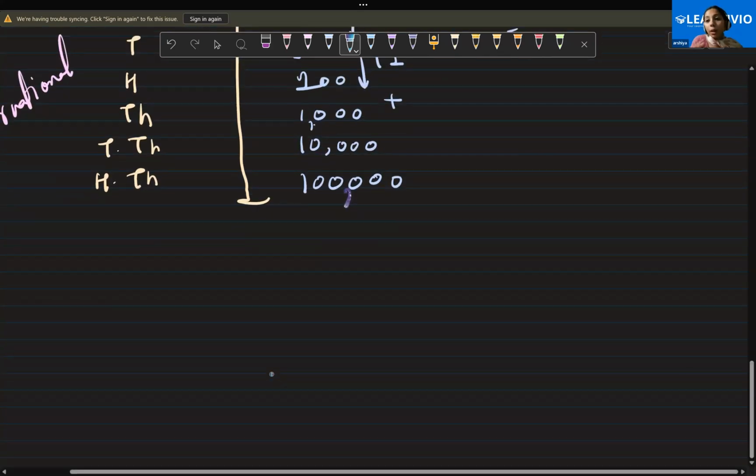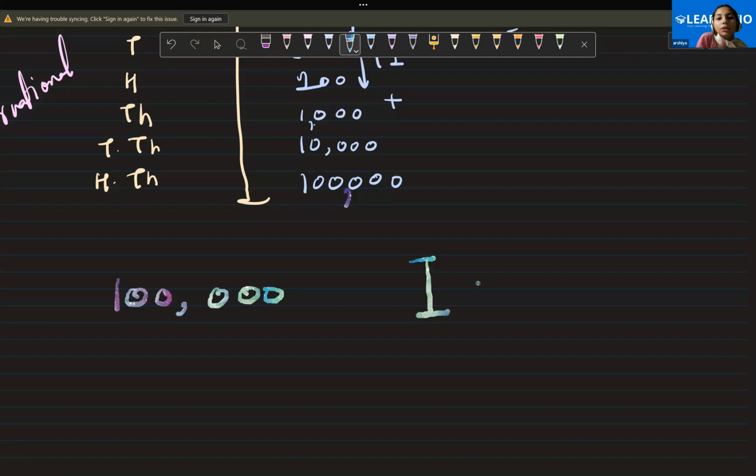So if I write one number like this, and my other number looks something like this. No, wait, not like this. Will you be able to tell me which one is the Indian place value system and which one is the international one?